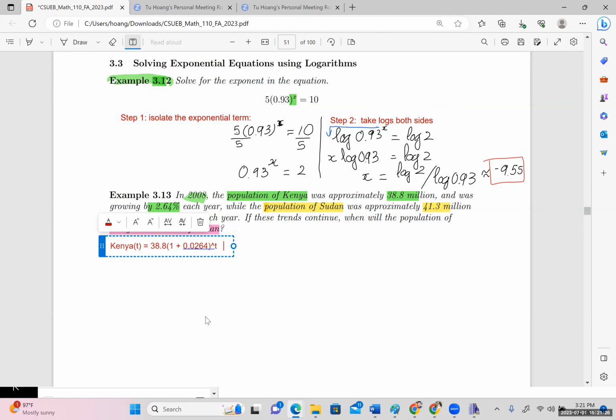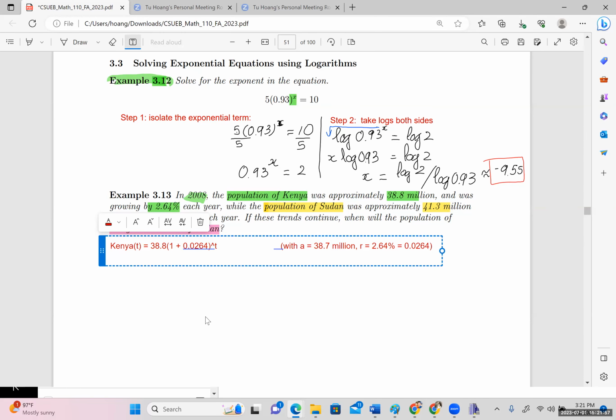Here a equals 38.8 million and r equals 2.64%, which is 0.0264.